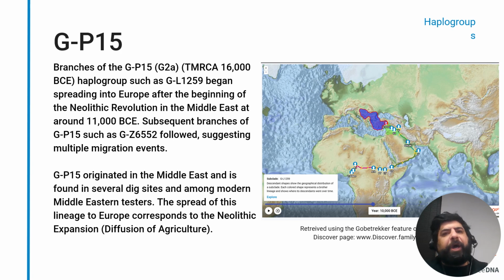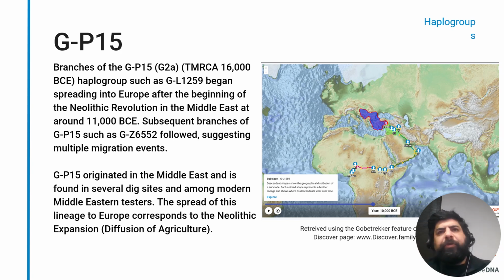Basically, and you will see this pattern throughout the presentation, we were able to tell these migration paths through reported ancestry and archaeological dig sites. How we tell that is by comparing branches. If you take a look at the subsequent branches of GP15, such as Z6552, it also suggests multiple migration events.